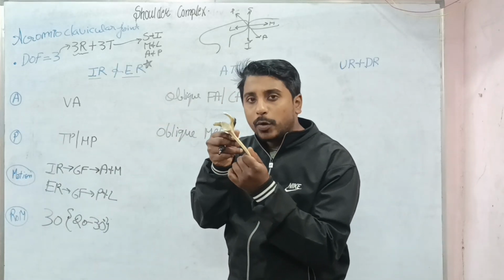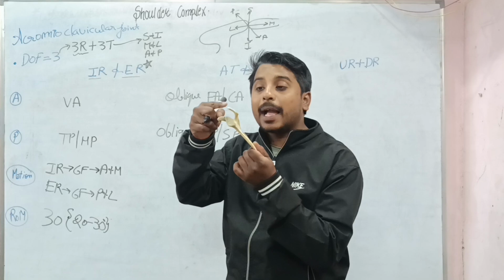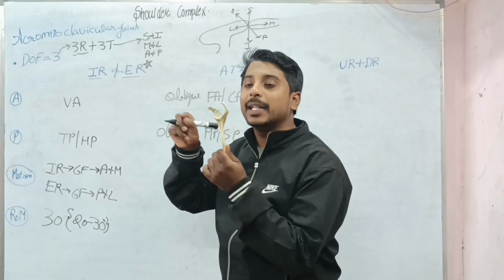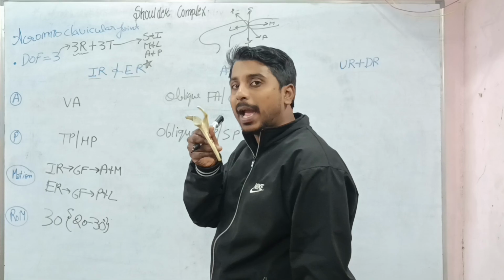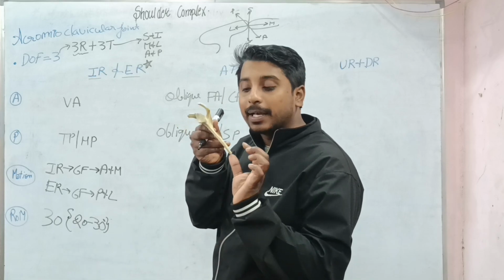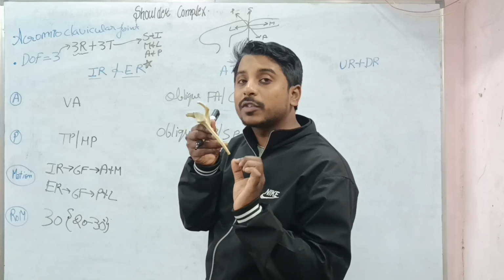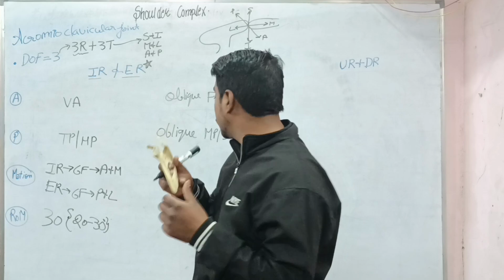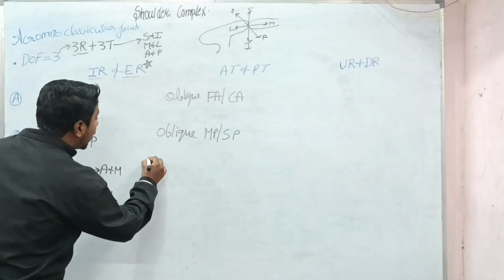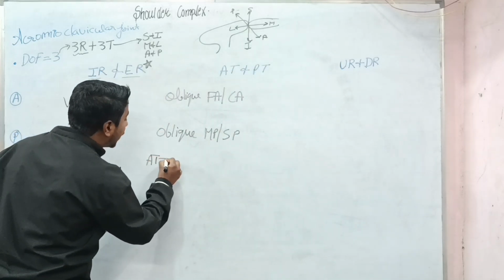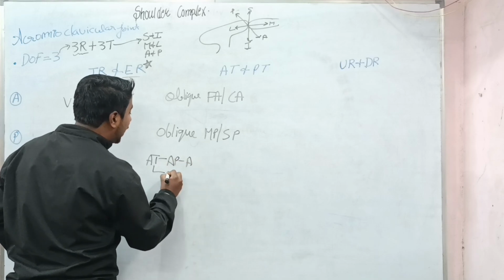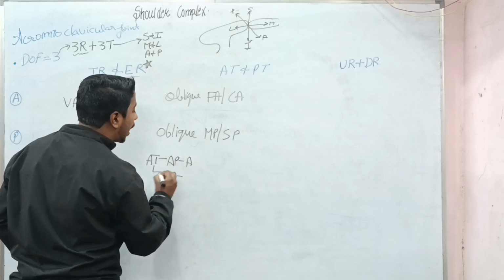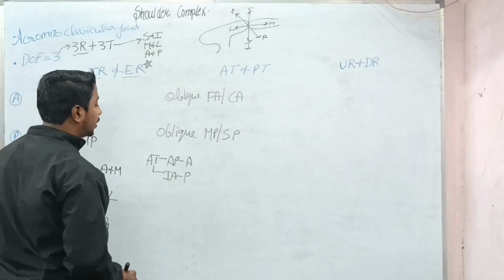Now during anterior tipping, the acromion is moving anteriorly and the inferior angle of the scapula is moving posteriorly.